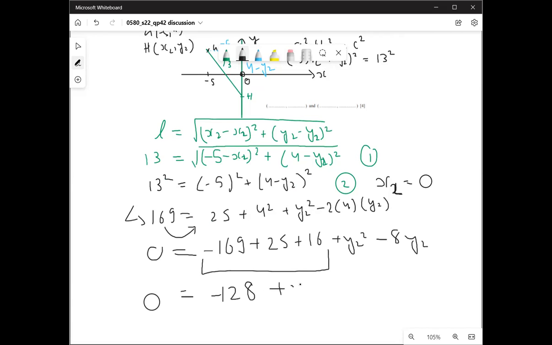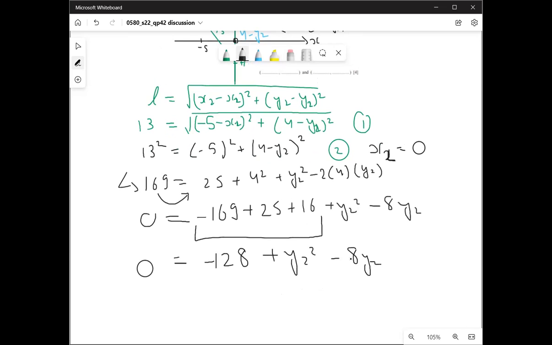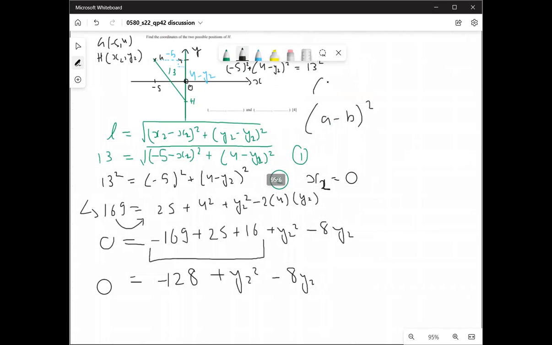Okay. Right here. Right? This part. When we're opening a bracket, a quadratic, whenever you have something like this, a minus b whole square or a plus b whole square, we solve the quadratic equation.